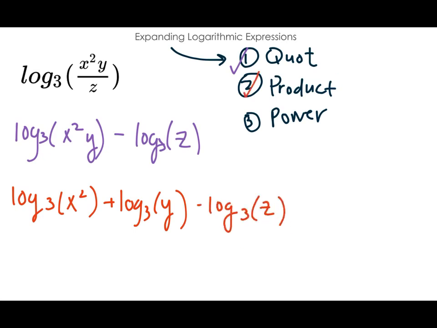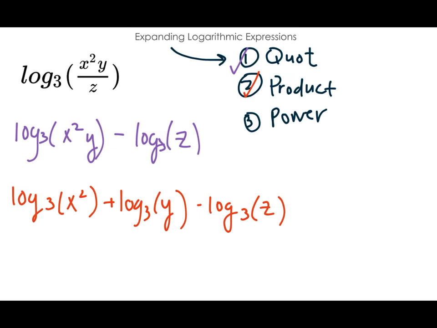Last but not least, we want to do our power rule. So our power rule says that when we have an expression inside of a log raised to a power, we can bring that power down as a coefficient. So what I do is I scan my problem and I see if any of my logs, any of my terms have an exponent on it. And the only one that does is my first one.